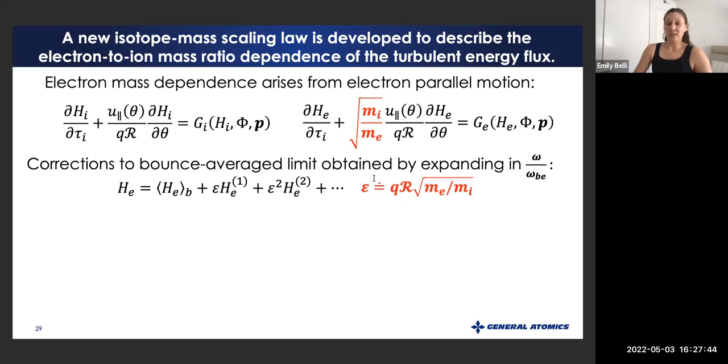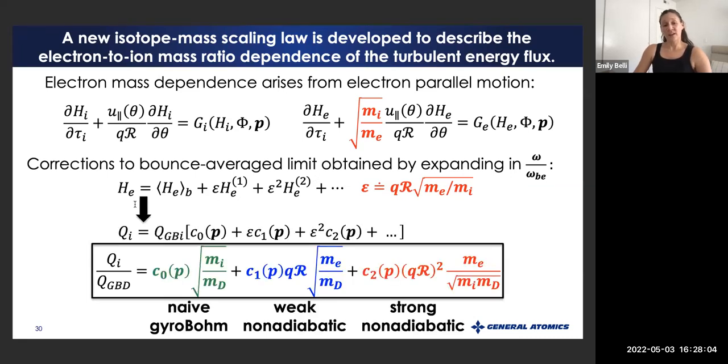Thus, we introduce the related but explicit ordering parameter epsilon, which contains the parallel connection length qR and the electron-to-ion mass ratio. So the finite electron mass non-adiabatic correction terms, H_e1 and H_e2, contain both trapped and passing electron contributions.